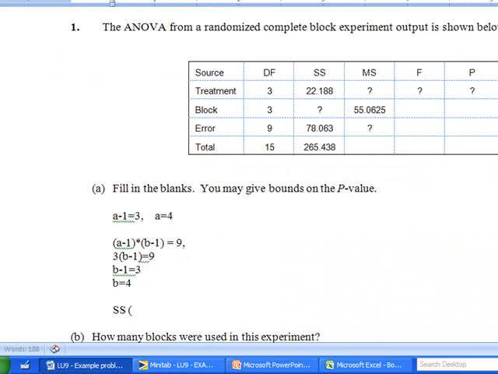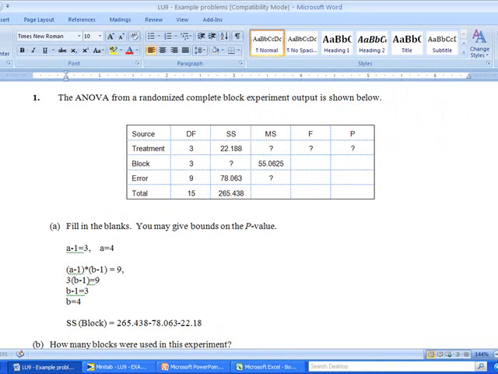Sum of squares for block is equal to 265.438 minus 78.063 minus 22.188, right?